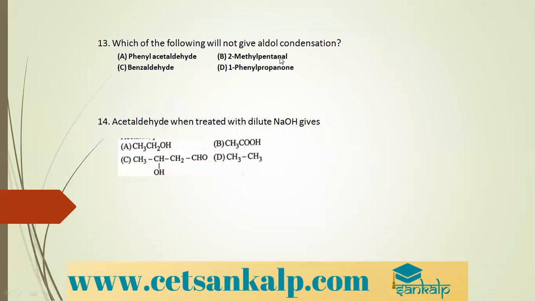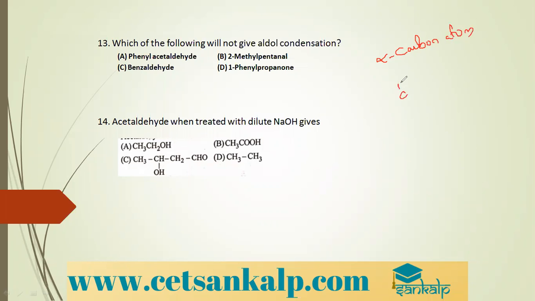Okay, moving to the 13th question. Which of the following will not give aldol condensation? Another interesting reaction. Aldol condensation is shown only by those compounds which have alpha carbon atoms. In the first few questions itself, we have discussed which is the alpha position, right?